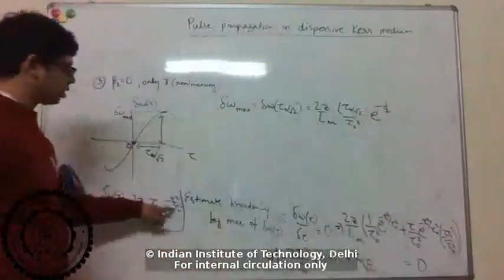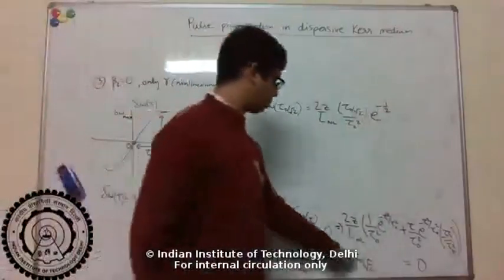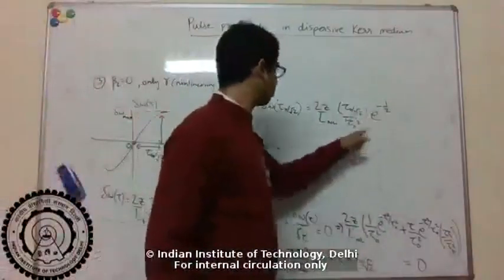So t square by tau square, by tau naught square, for tau equal to tau naught by root 2, is just half.